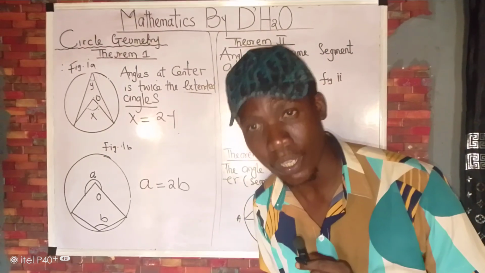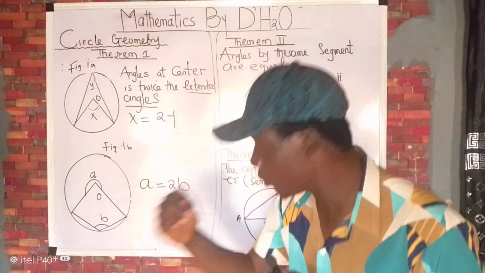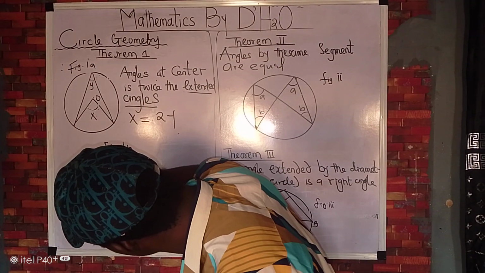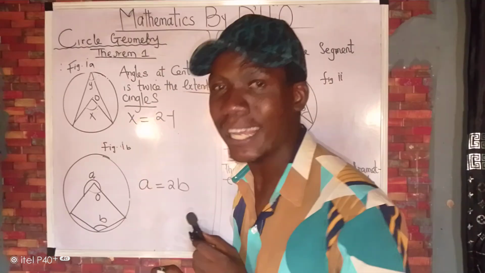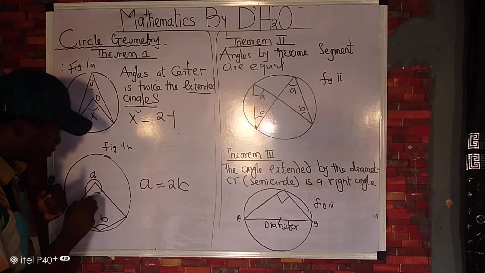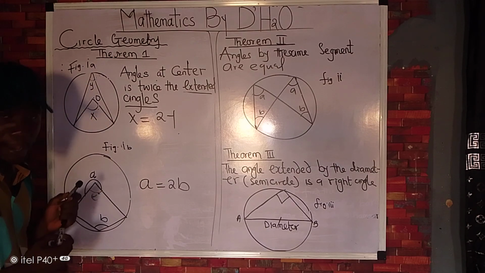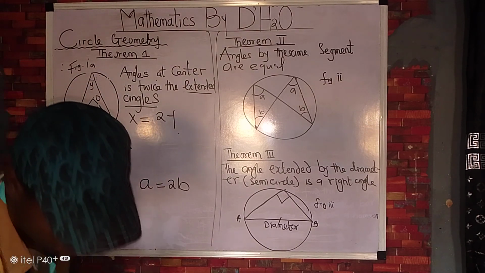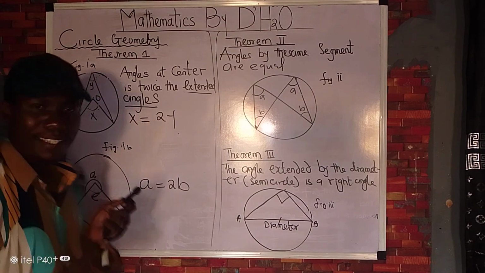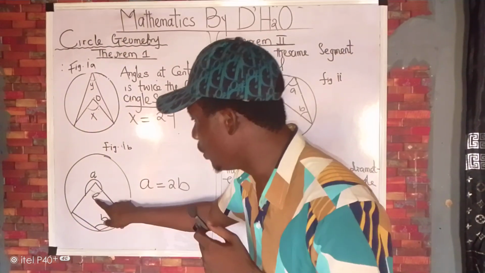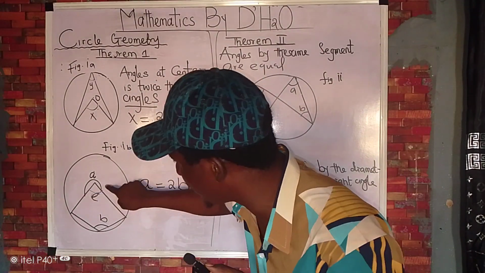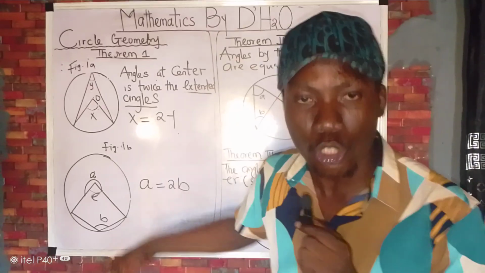Is that clear? Now, let me take you higher a little. If I have an angle here, which I'm going to label as angle E, for instance. If I label this angle as angle E, do I now say that angle E is 2 times the angle here? No, because the direction where E is facing and the direction of this B is not the same.